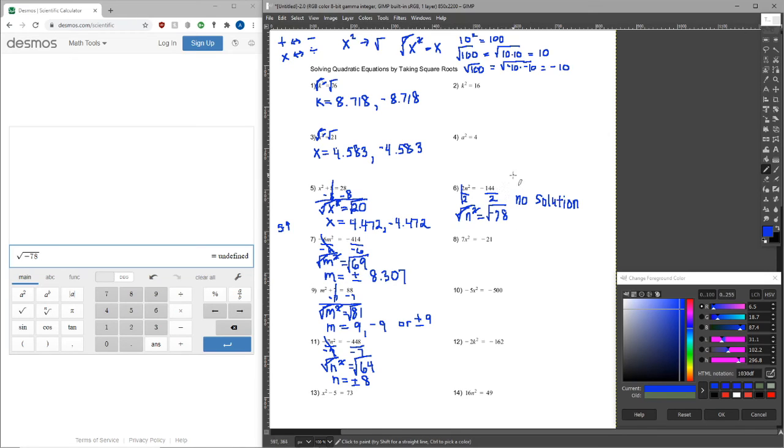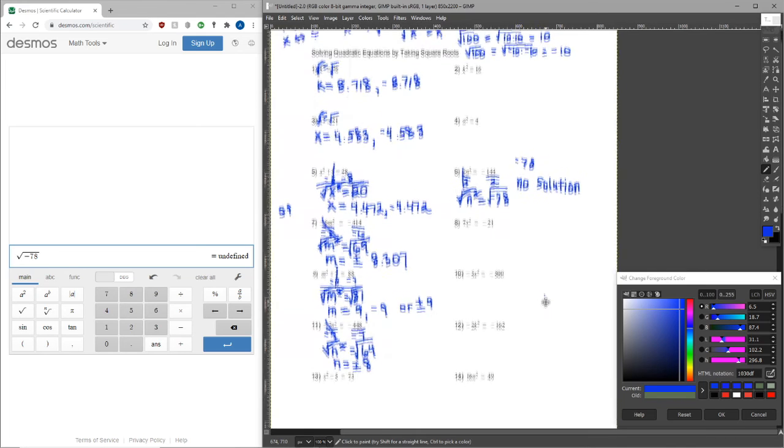So if we wanted to have a -72, there's no number times itself that would give you a negative number, because a negative times a negative is a positive. So whenever you're taking the square root of a negative number, you don't even have to bother right now putting it into the calculator. Later we're going to learn what to do with square roots of negatives, but for right now, please just write no solution.